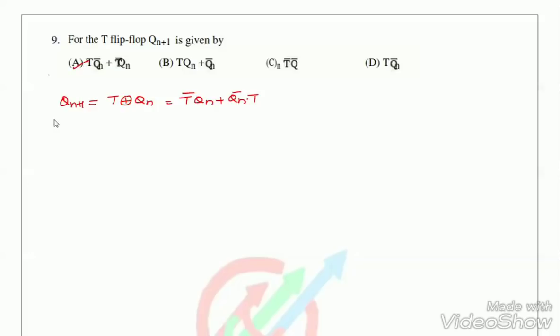Suppose if they ask for SR flip-flop, then Qn plus 1 is equal to S plus R bar Qn. Similarly for JK flip-flop, Qn plus 1 is equal to J Qn bar plus K bar Qn. And for D flip-flop, Qn plus 1 equals D only. Okay, and next question.